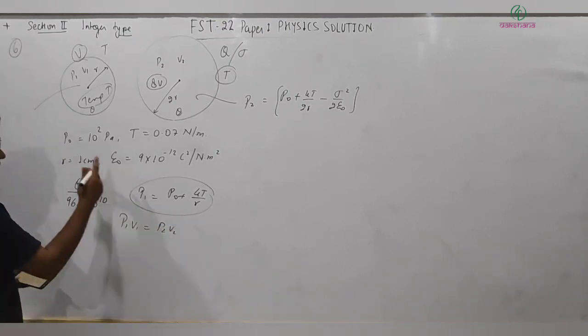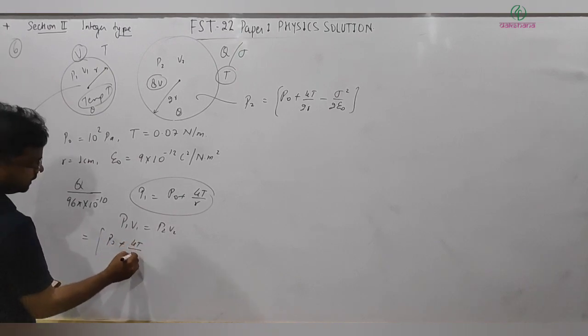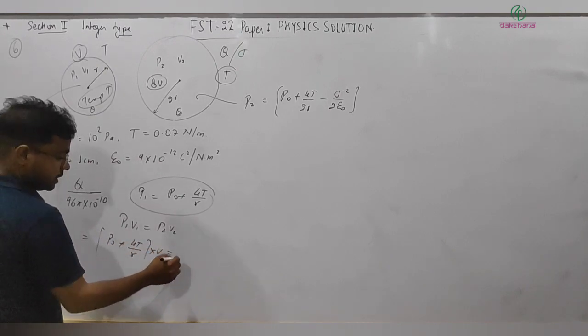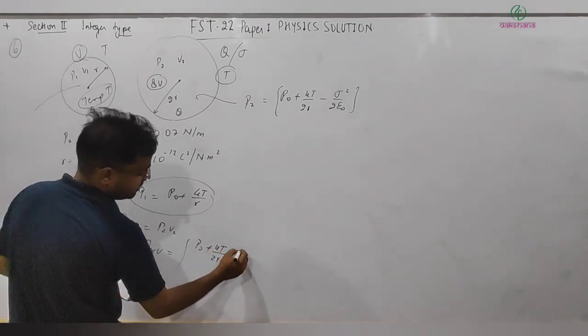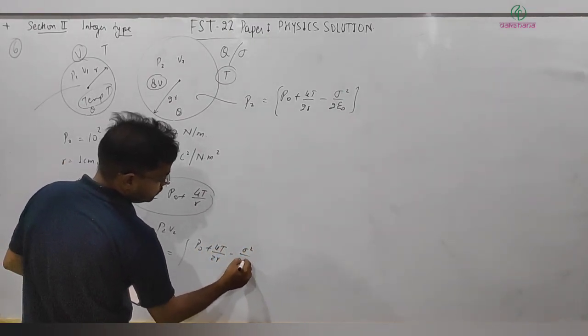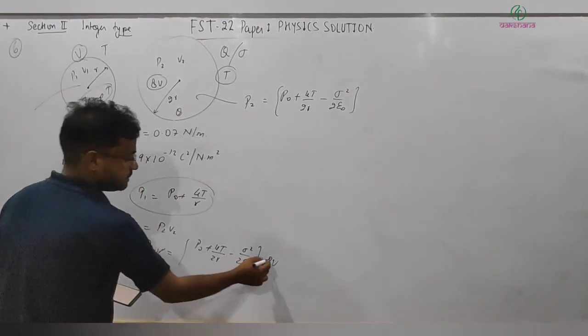Now by isothermal expansion, P1 V1 must be equal to P2 V2. Substituting, this is P naught plus 4T by R, into volume V, equal to P naught plus 4T by 2R minus sigma square by 2 epsilon naught, multiplied by 8V. This can be simplified.